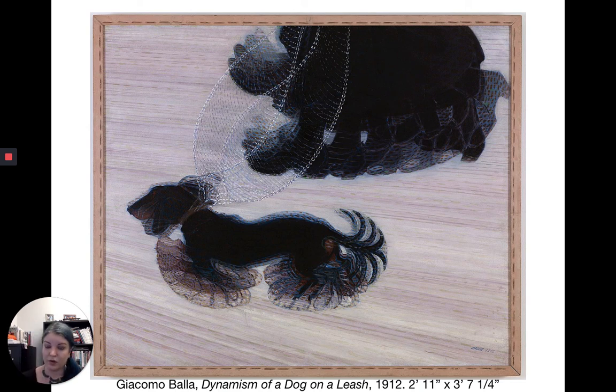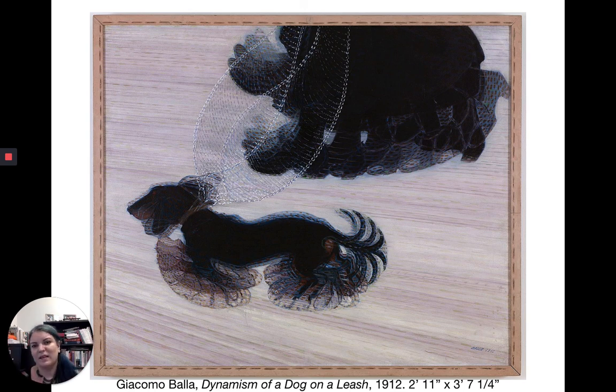Part of this calls back not just to the Cubist idea of form and motion and how the fourth dimension, how time, plays into our concept of form, but also, if you think back to Impressionism, the idea of capturing that glimpse of motion, and the idea of photography and how, when you have a slower shutter speed, you can get these weird blurry movements captured.